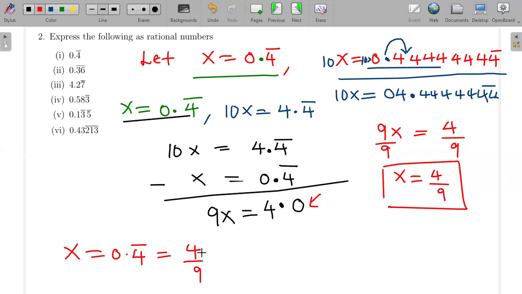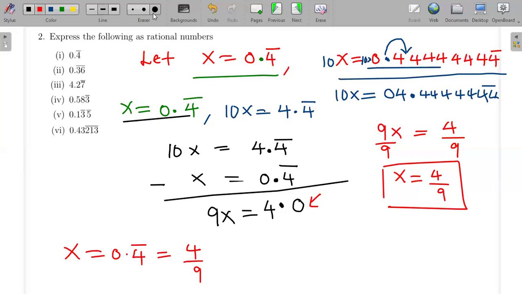You can check on your calculator: if you do 4 divided by 9, you find 0.4444. The 4 keeps on repeating, so we indicate a bar on top of it to show that it's repeating. Right, so that's how we can solve the first one.